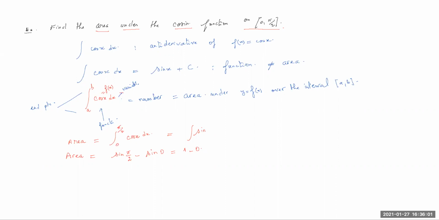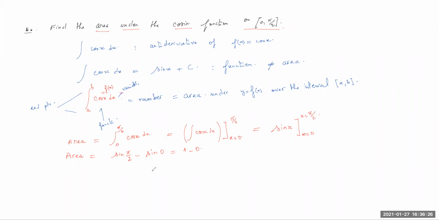So I need the antiderivative of cosine. Once I find the antiderivative, I will take it between the two values. The antiderivative of cosine is sine. I take it between 0 and pi over 2.